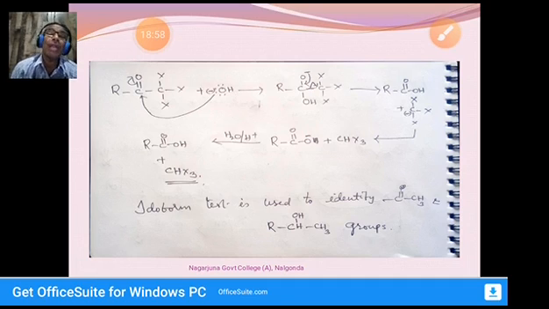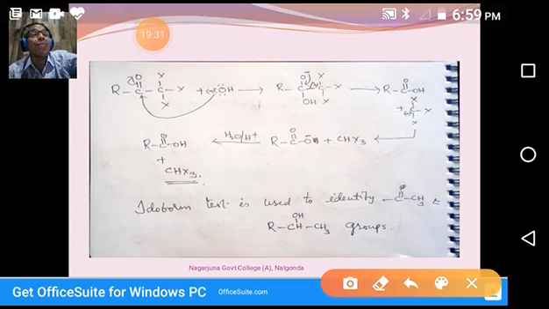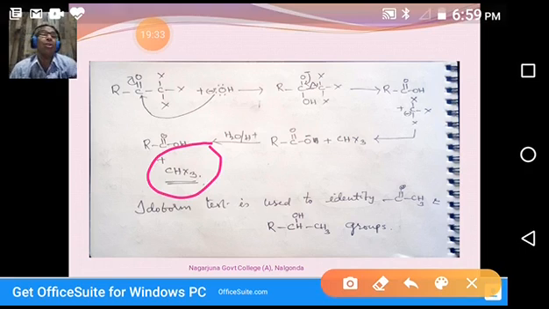The trihalogenated starting compound further reacts with hydroxide ion, giving an O minus oxide ion. On delocalization of electrons and bond breakage, we get the acid and CX3 minus. Because of the basic nature of CX3 minus, it abstracts a proton from the acid, giving the haloform. So in this reaction we observe formation of haloform. That's why we call this the haloform reaction.